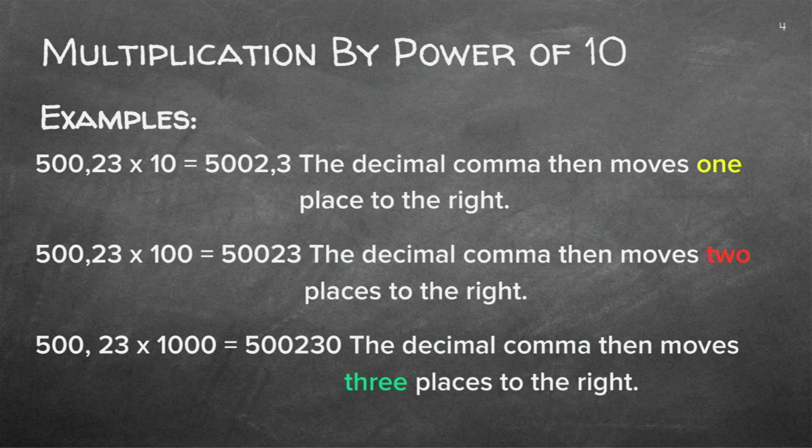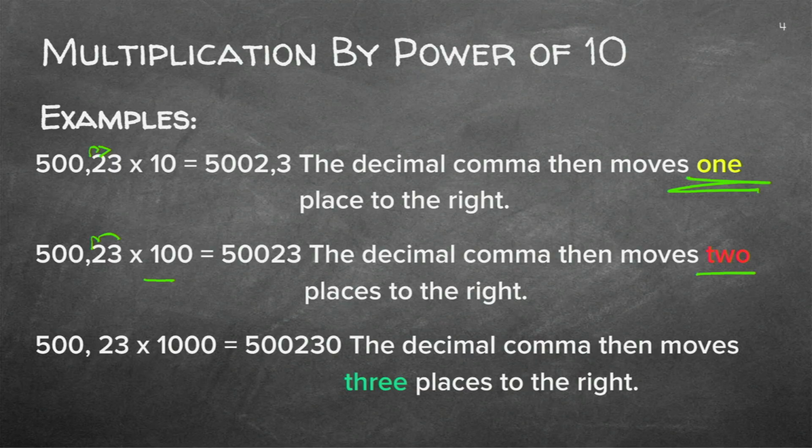Now if we multiply by a power of 10, look at this example. Say, for example, 500.23 times 10. We're just going to move this decimal point 1 place to the right, so our answer will be 5002.3. If we multiply by 100, it's going to be 2 places to the right, and our answer will be 50023.